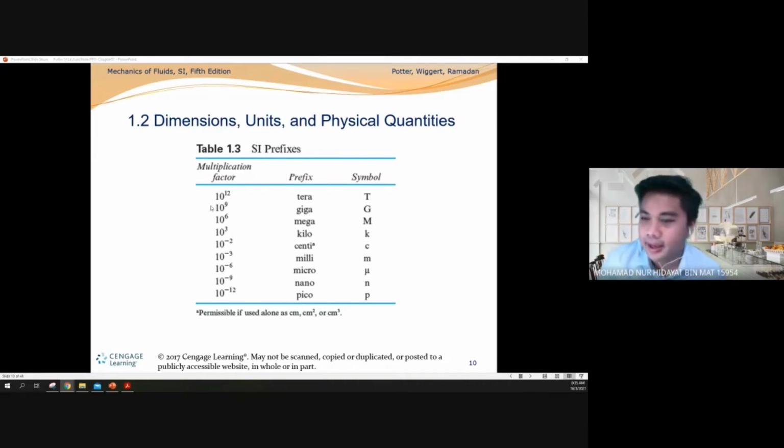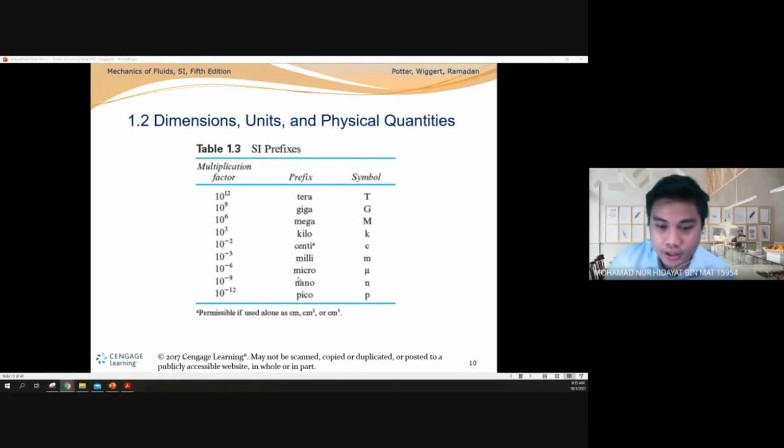Okay. This is the multiplication factor. I believe you know this one. Tera is 10 to the power of 12, symbol T. Giga is 10 to the power of 9, and mega is 10 to the power of 6. Kilo is 10 to the power of 3. Why do you need to learn these prefixes?